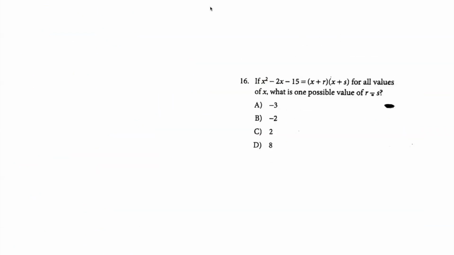In question 16, they say x plus r and x plus s, for what value? We have to find the factors. x squared minus 2x minus 15. Can you tell me two numbers whose sum is equal to 2 and product is equal to minus 15? It must be 5 and minus 3.